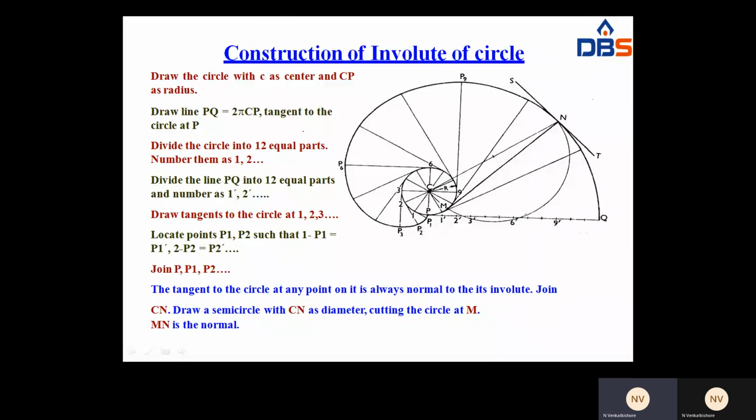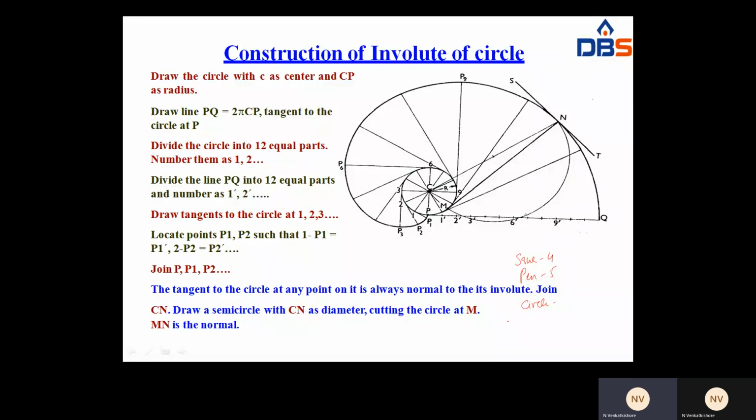As we know, the square has four sides and the pentagon has five sides. What about the circle? How many sides does the circle have? Don't worry about the sides.